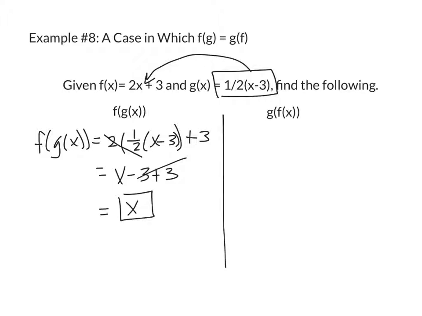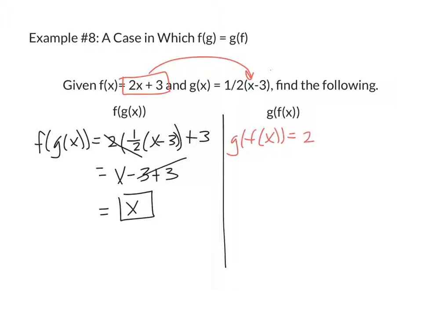If I did the same thing on the other piece, with the function f inside of g, g of f of x equals 2 times 1/2 times x minus 3, and then plus 3.